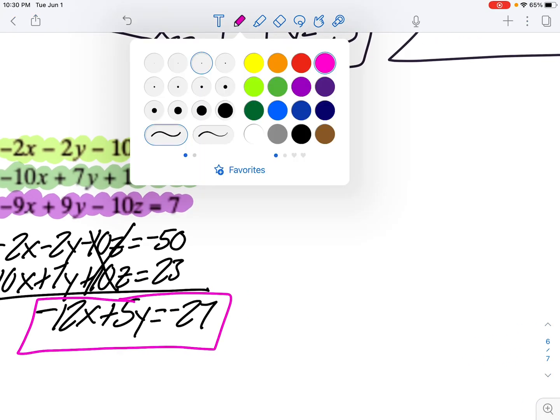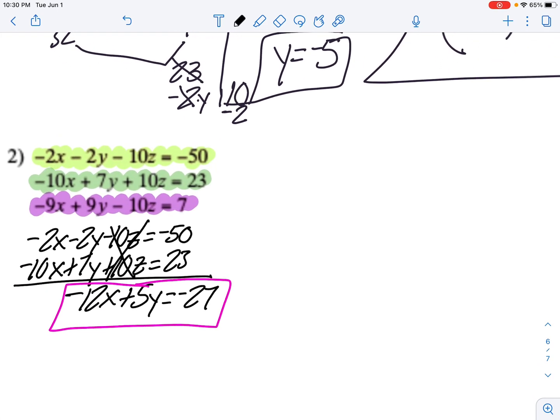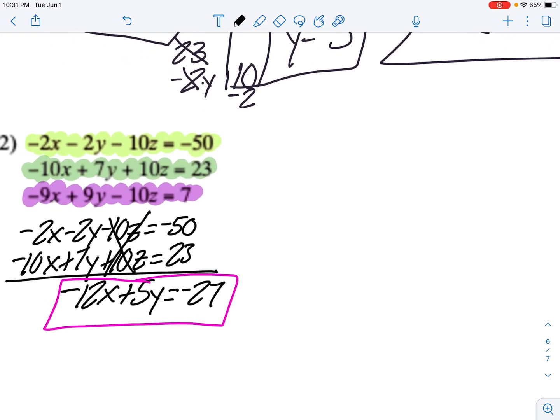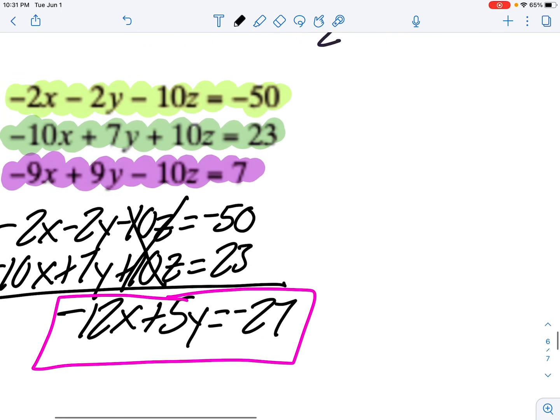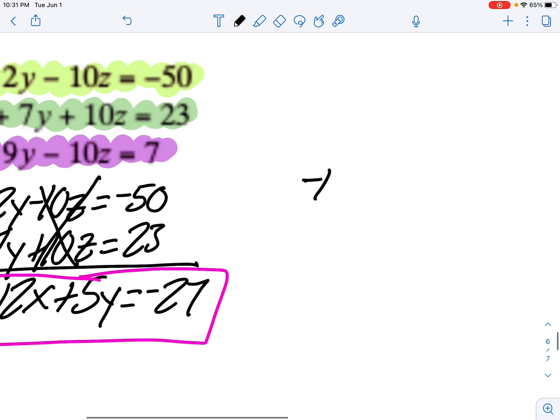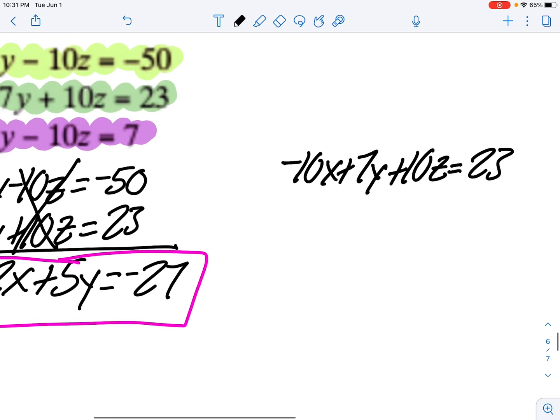All right. Step 2 is I'm going to pick another 2 equations that eliminate. I'm going to go with regular green and purple. So regular green and purple gives me negative 10x plus 7y plus 10z is equal to 23.